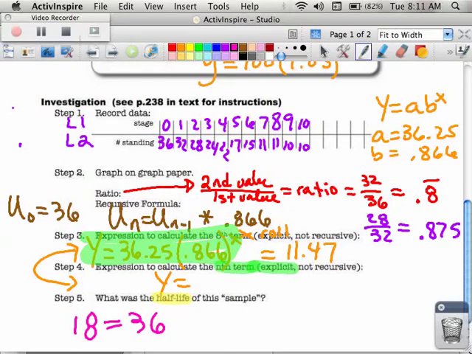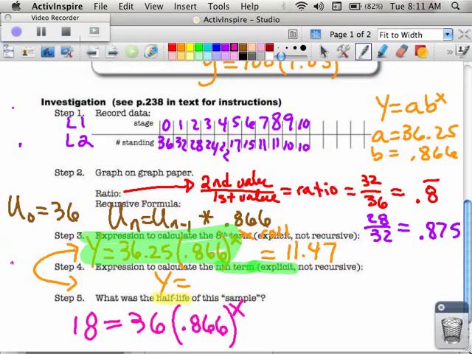And my equation was that I'm going to be multiplying by 0.866, and I don't know how long that's going to take me, or how many rolls, in other words. So I say that my 36 times 0.866 to the x power, when I want half of that left over, should be equal to 18.